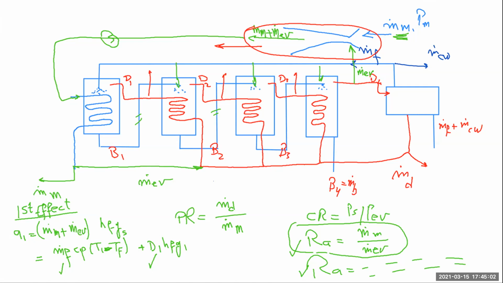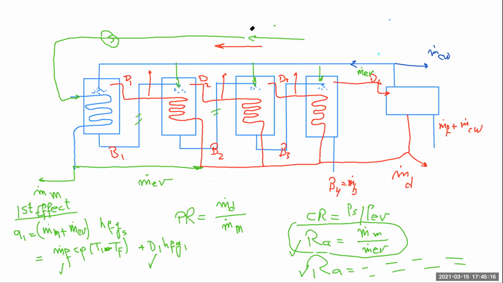You can now anticipate that if I want to talk about the multiple effect distillation or desalination system, and instead of talking about a TVC, I would talk about a mechanical vapor compressor, then it's not something new. I mean, you can handle that.